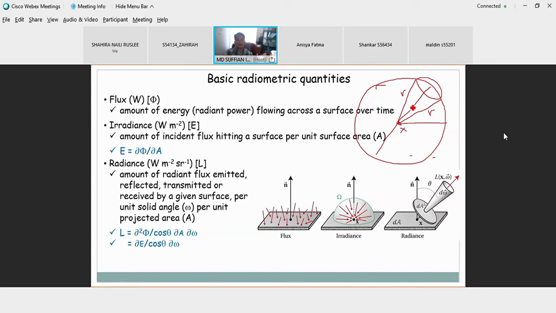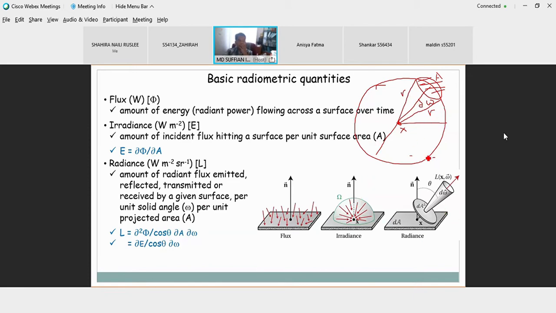Ini adalah A. Ini adalah omega, kita bagi sebagai delta omega. Dan ini adalah A. So kalau yang saya kata 4 pi tu, kalau dia meliputi keseluruhan spherical, you akan dapat 4 pi steradian.